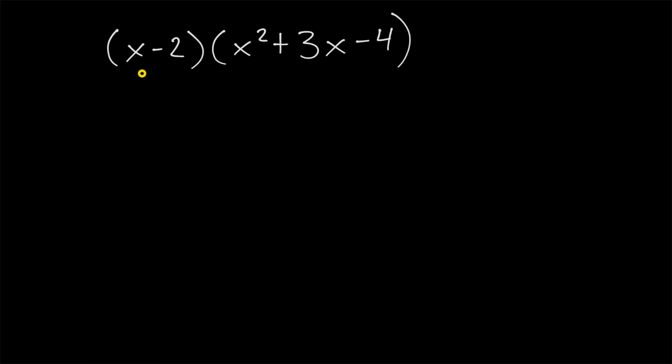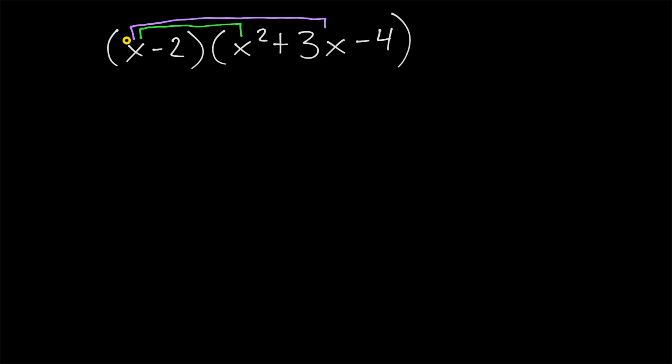Well, when you're multiplying polynomials together, the key thing to remember is that you have to multiply every term in every polynomial by every term in the other polynomial. So you have to multiply this x by this x squared. Then to this you have to add the product of this x and this 3x.